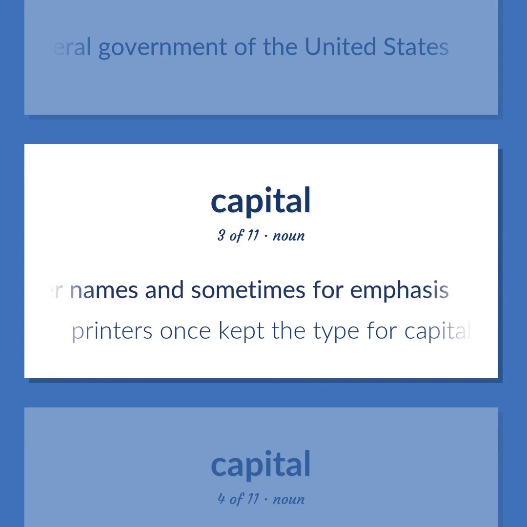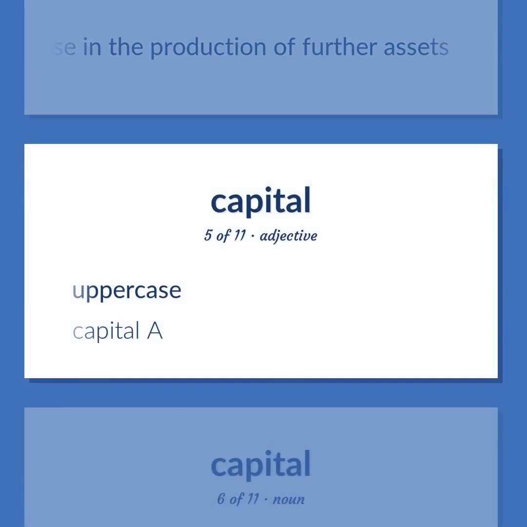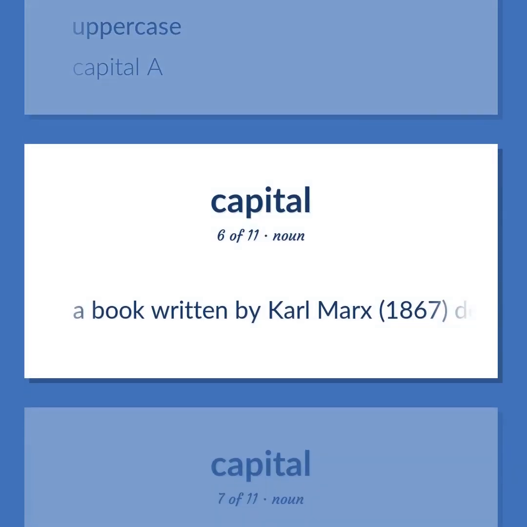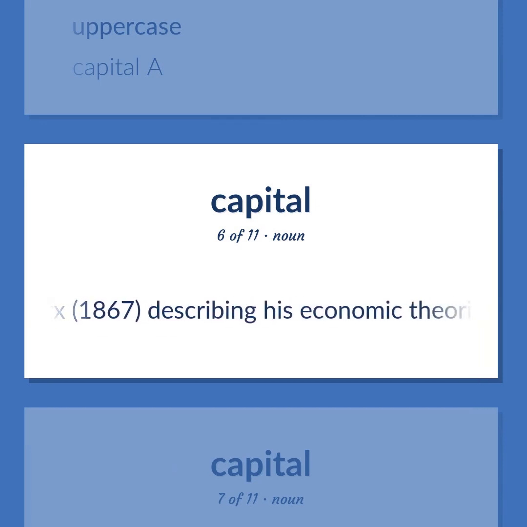Printers once kept the type for capitals and for small letters in separate cases. Capitals were kept in the upper half of the typecase and so became known as uppercase letters. Assets available for use in the production of further assets. Uppercase. Capital A. A book written by Karl Marx, 1867, describing his economic theories.